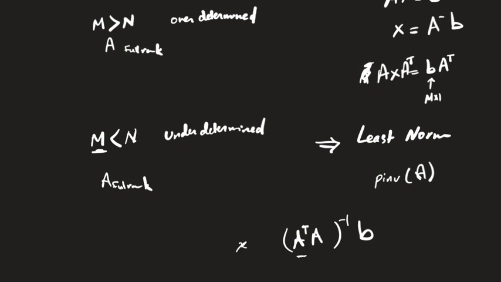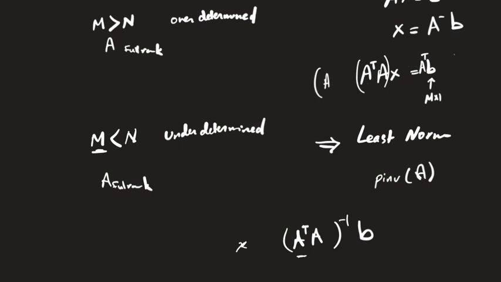So if we do that the right way, it's A transpose A, and then this one also becomes A transpose times B, right? And then you multiply by the inverse of this from both sides.